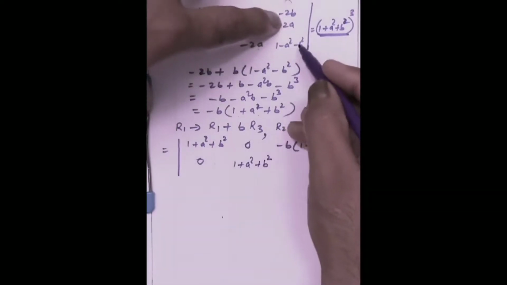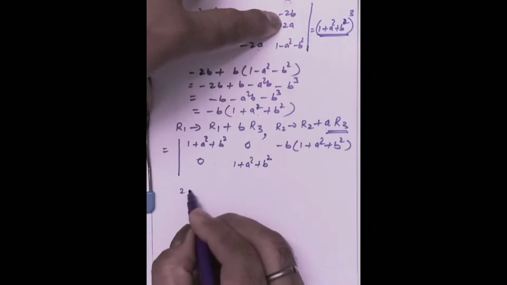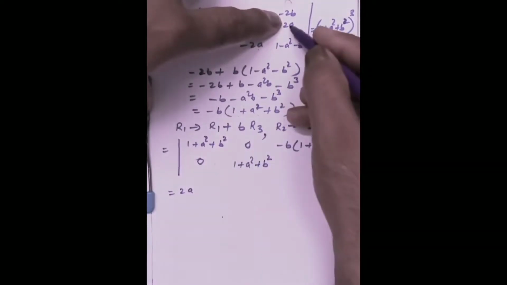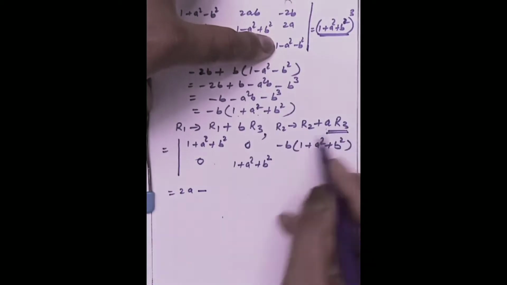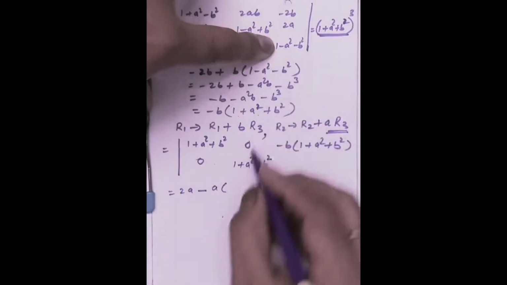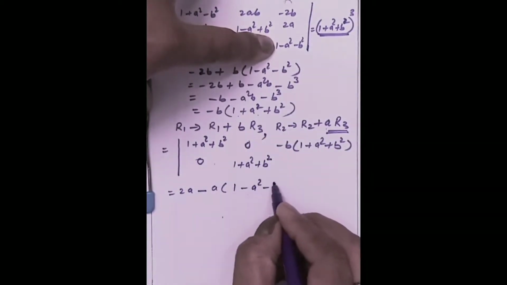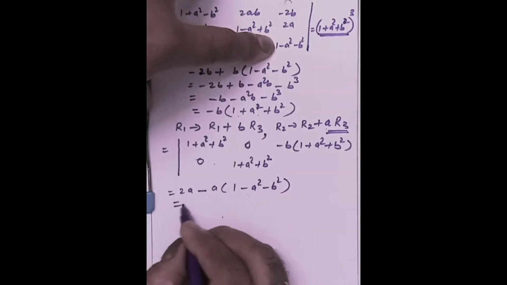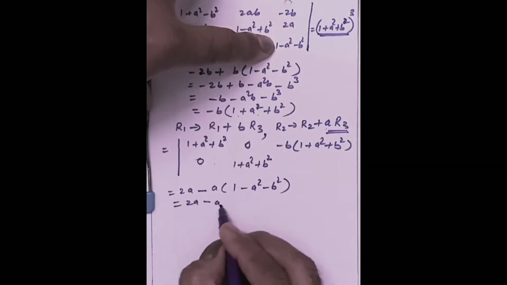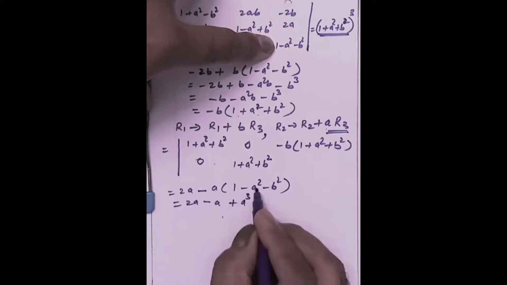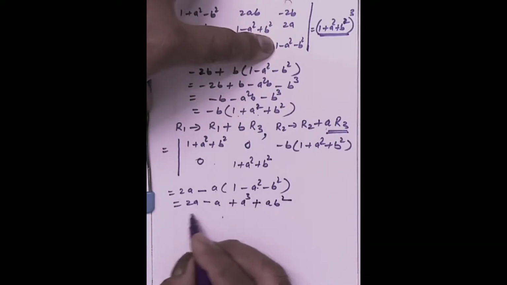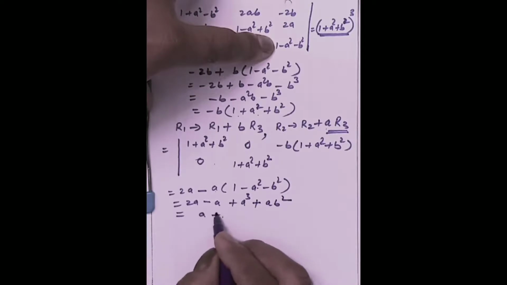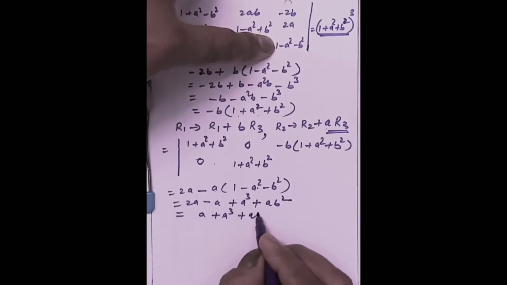And for the last part I am calculating here, that is we are doing this way, 2a is this one minus a times r3. So a into r3 is what? 1 minus a square minus b square. What will happen? 2a minus a plus a power 3 plus ab square.